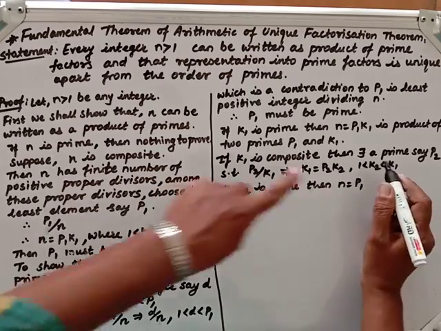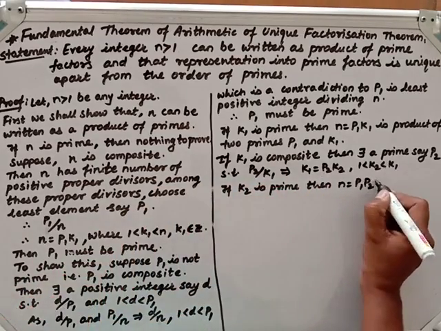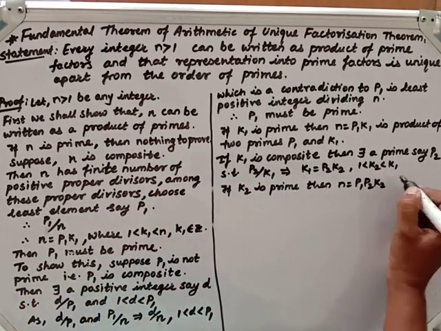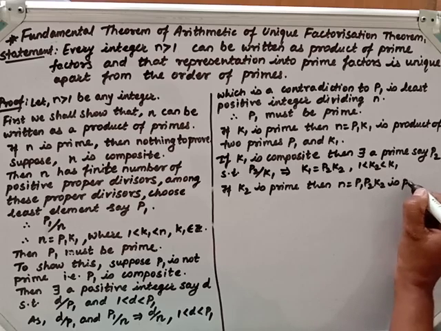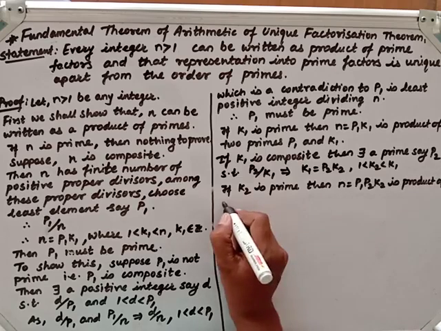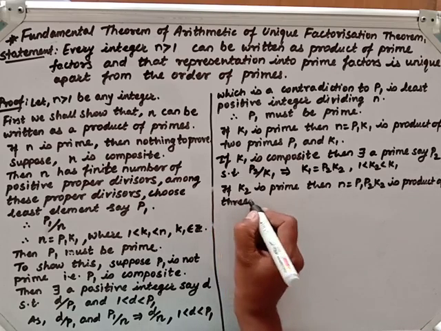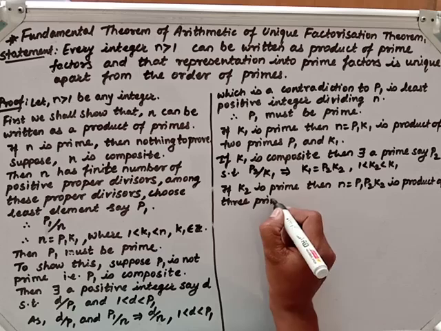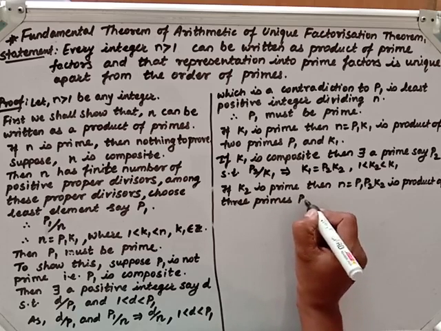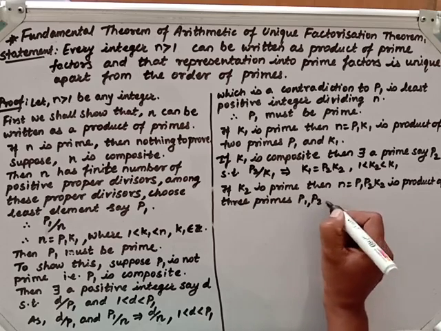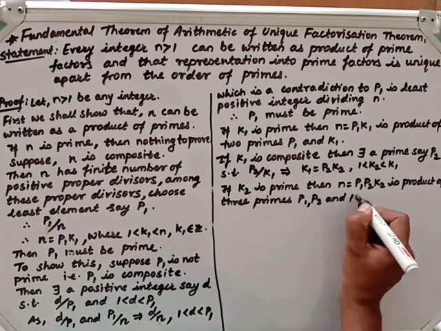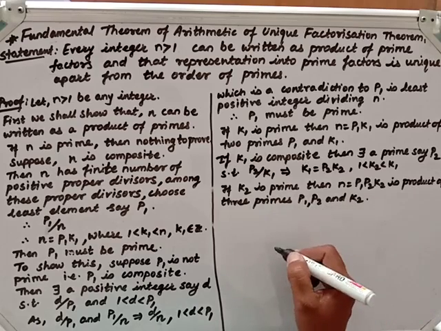Then n is equal to P1 times K1, which is replaced by P2 K2, a product of 3 primes: P1, P2 and K2. Again the same question.